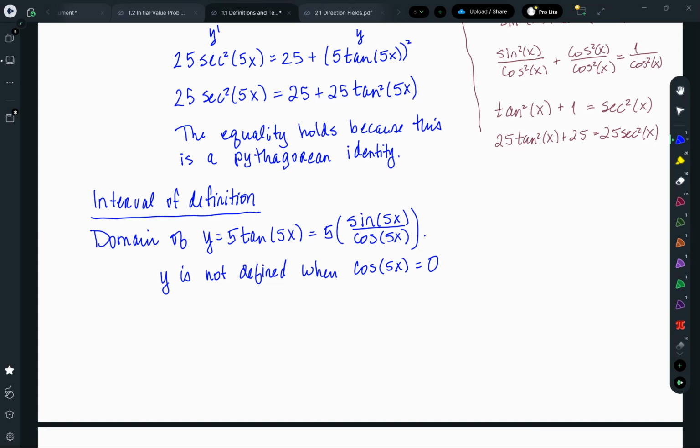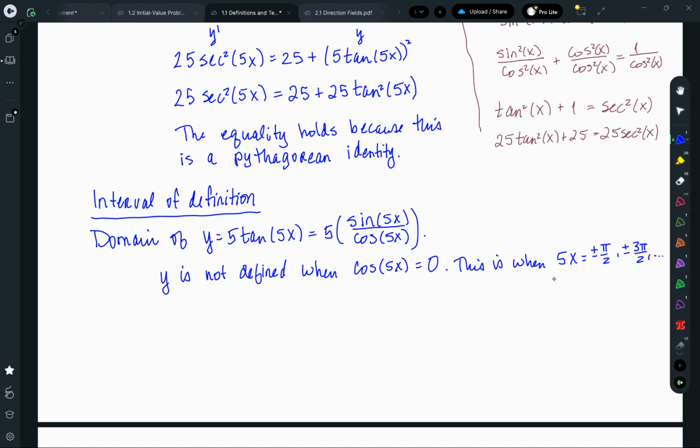Okay, and so this is when 5x is equal to plus or minus pi halves, plus or minus 3 pi halves, and so on. Okay, so all the odd multiples of pi divided by 2. Well, that's 5x. I want the value of x where bad things happen.